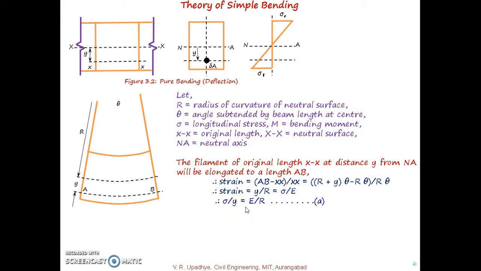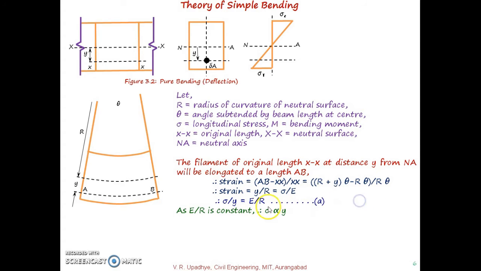So the relation we get is sigma divided by y is equal to E divided by R. Sigma is the stress, y is the distance of that particular part from the neutral axis, that is, the distance of the position at which the stress is to be calculated, E is Young's modulus and R is the radius of curvature of the neutral surface.